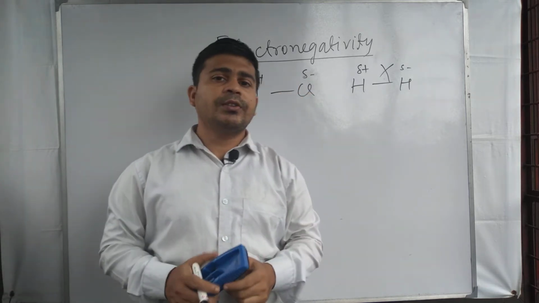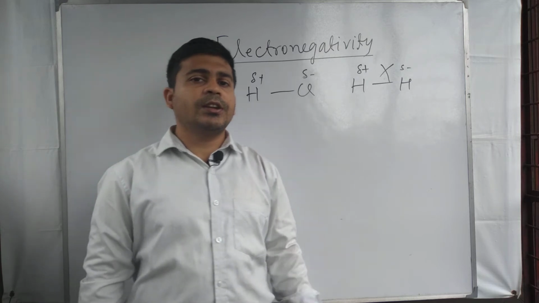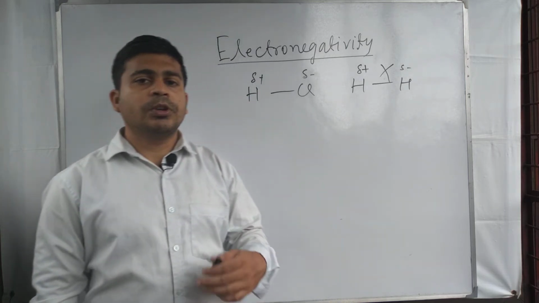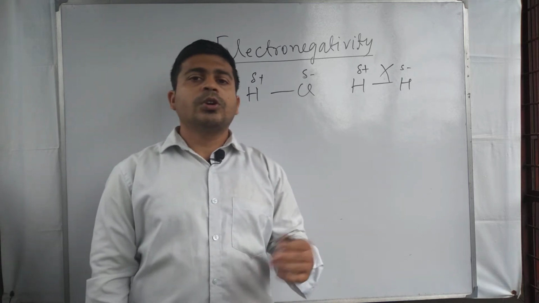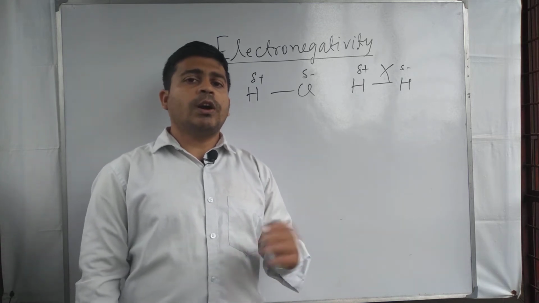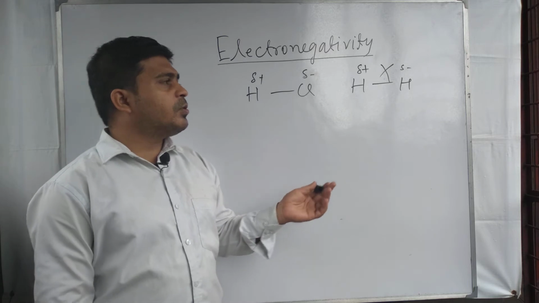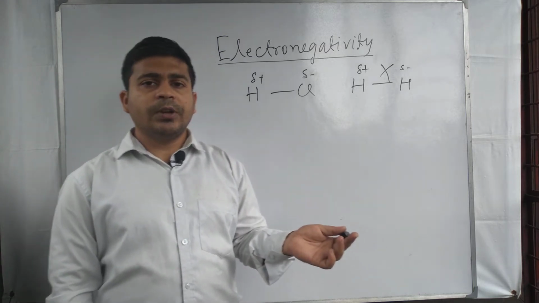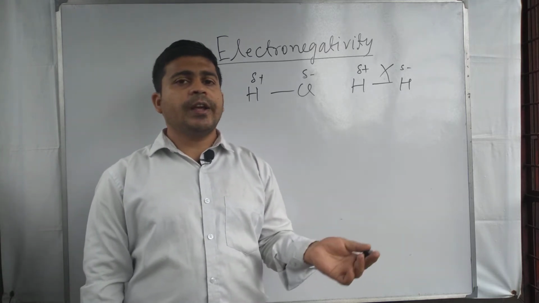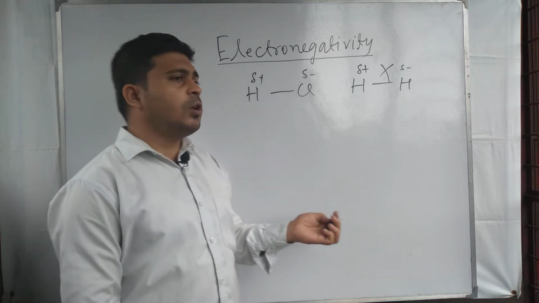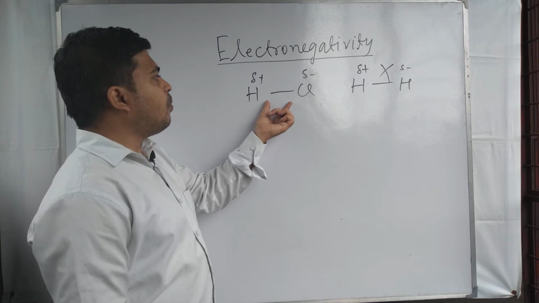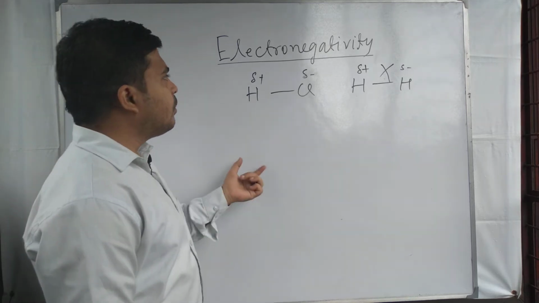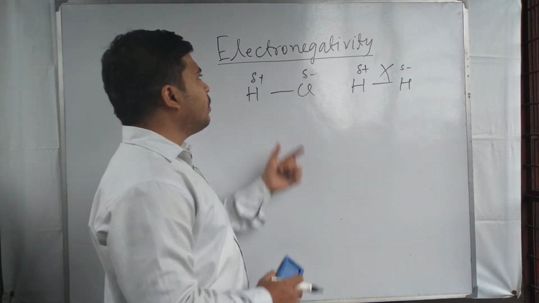This is the reason that each element has a relative tendency to attract the shared pair of electrons. Generally it depends on the electronegativity value of an element. When an element has a higher electronegativity value, it has the tendency to attract the bonding electron pair towards itself. So this is the concept of electronegativity.